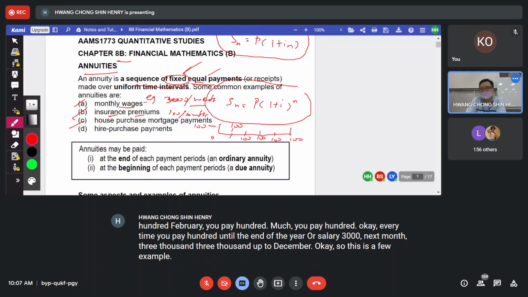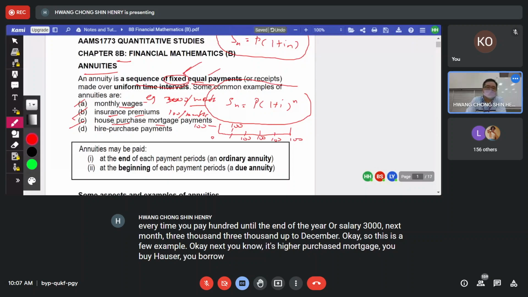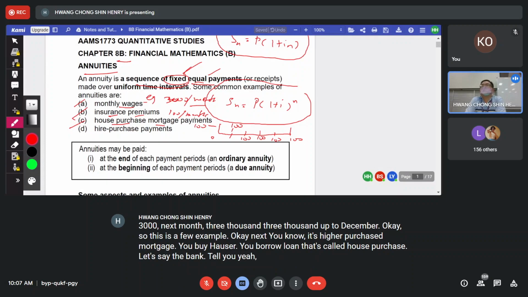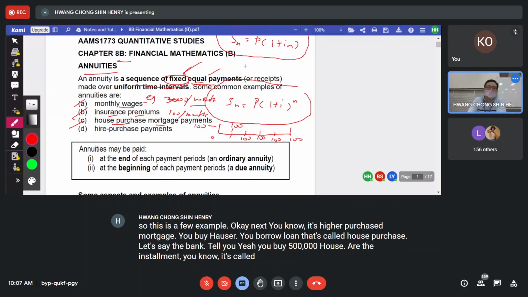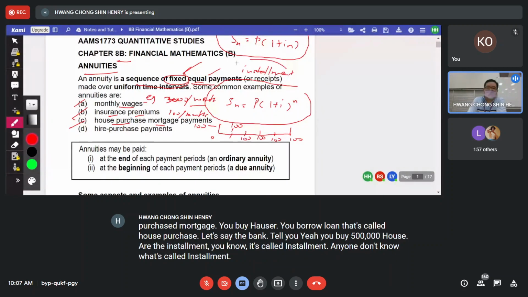Okay, next, you know what's hire purchase, mortgage? You buy a house, you borrow a loan. Let's say the bank tells you, okay, you buy a 500,000 house. The installment, you know what's called installment? Anyone don't know what's called installment? You buy a car, you buy a house, every month you have to pay what? Installment.